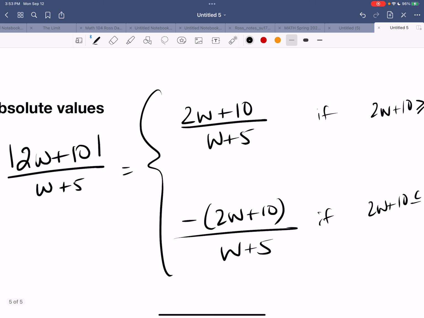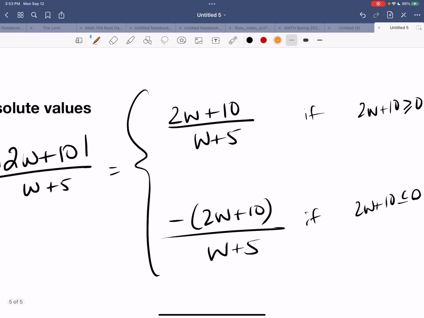Now let's try to go back in and simplify some of this stuff. So 2w plus 10 is bigger than or equal to 0. That's the same as saying 2w is bigger than or equal to negative 10. And if I divide both sides by 2, w is bigger than or equal to negative 5. Now remember, if you are dividing by a negative number, you have to flip the inequality.